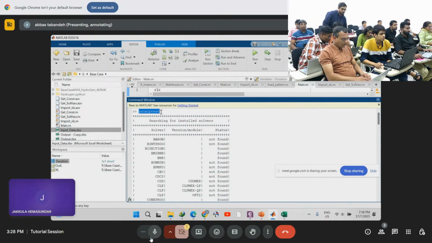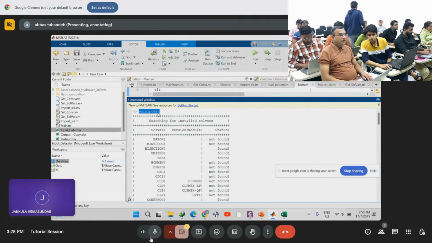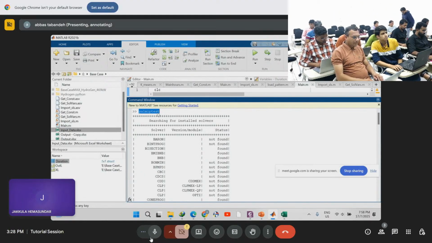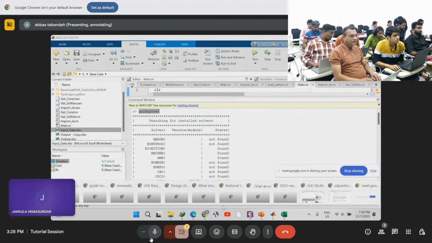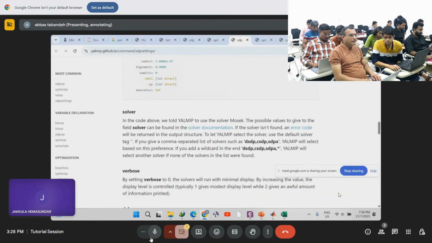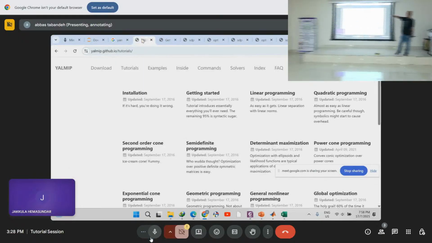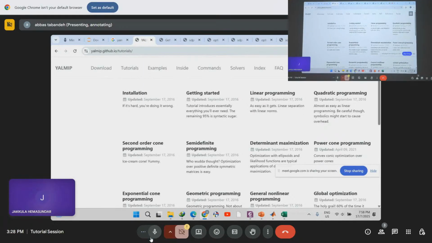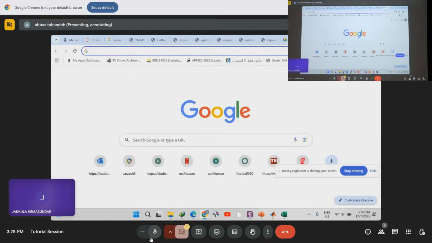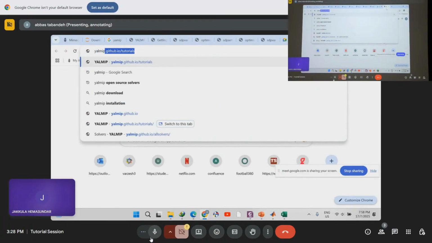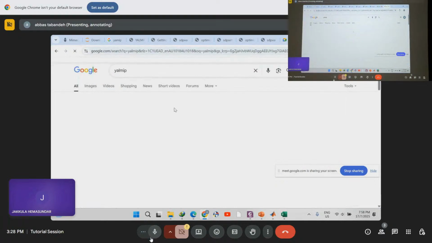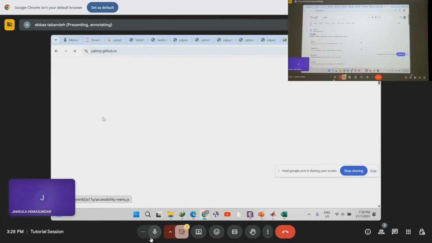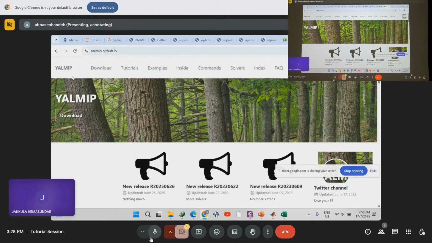Yeah, we have to download it. I already sent an email. It is easy. You need to go to the Yalmip website. Just Google Yalmip, click on it, and you will be directed to the website.